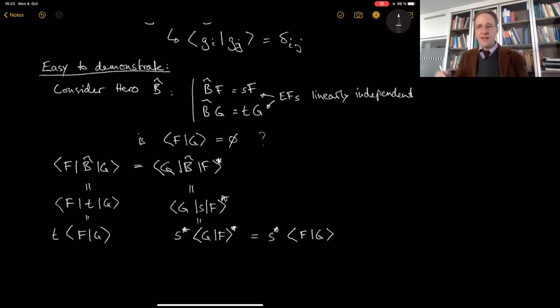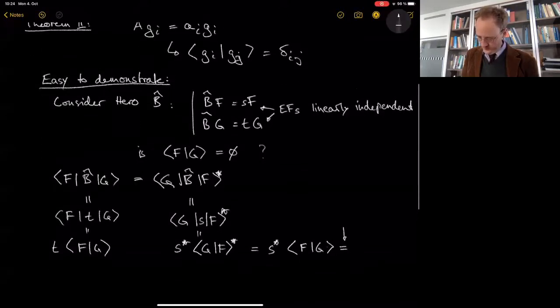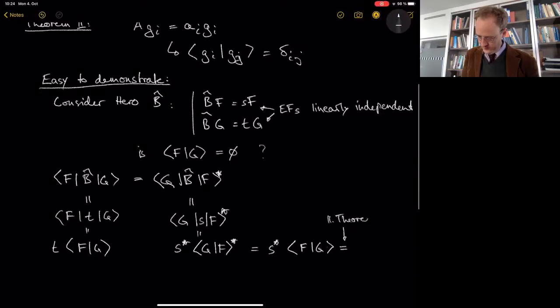And thanks to the first theorem, we also know that this eigenvalue must be real, right?